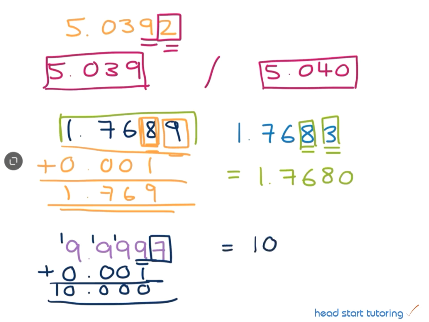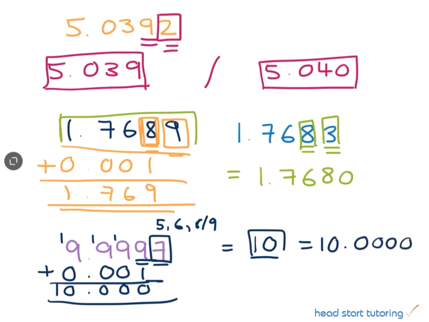So 9.9997 is closer to 10 than it is to 9.999, and that is because our 7 is 5 or greater. So even if the 7 was a 5, or if it was a 6, 7, 8, or 9, this number 9.9997 would round to 10 or 10.0000.